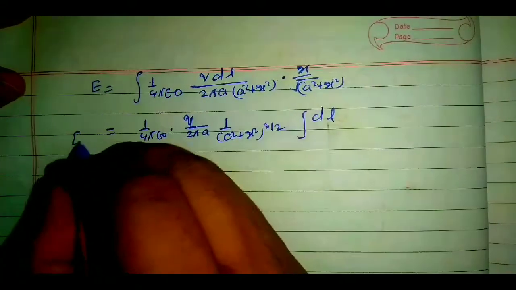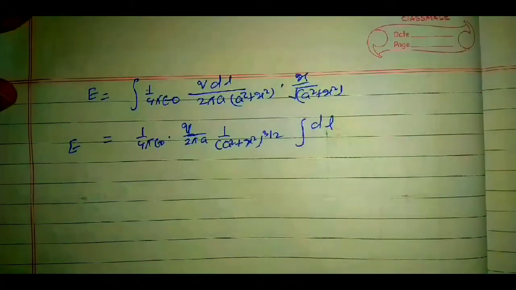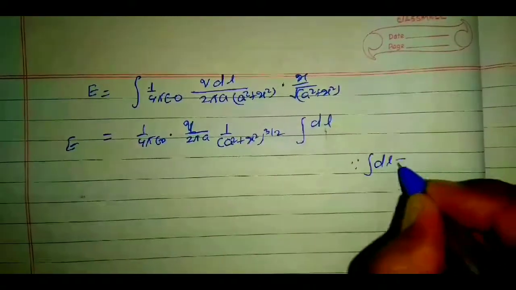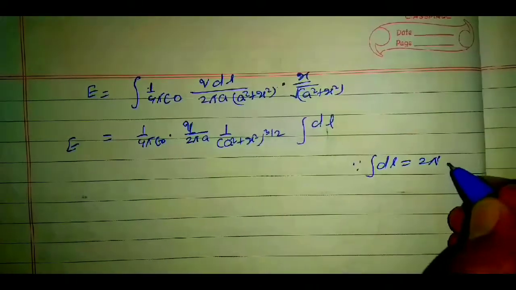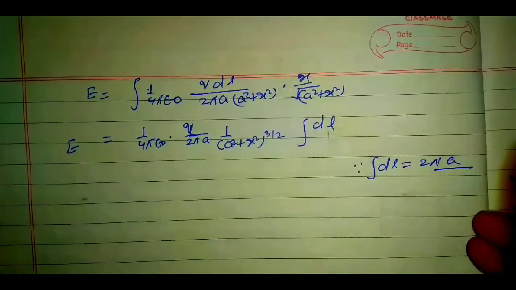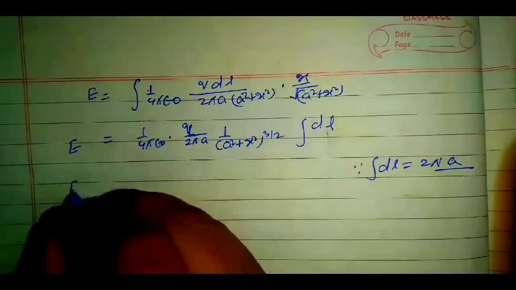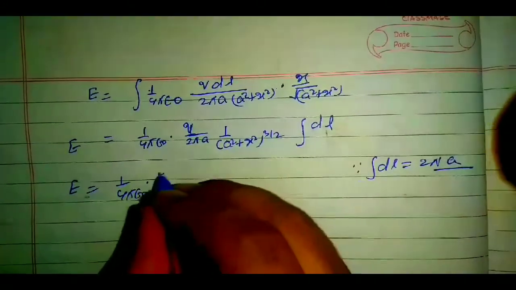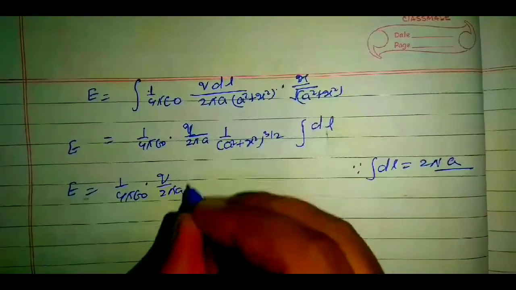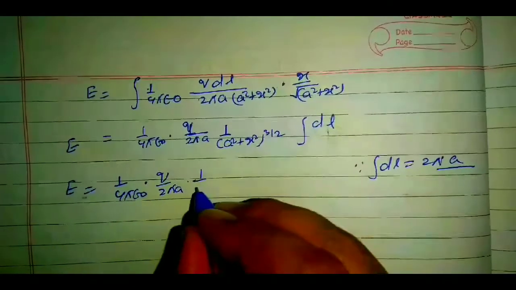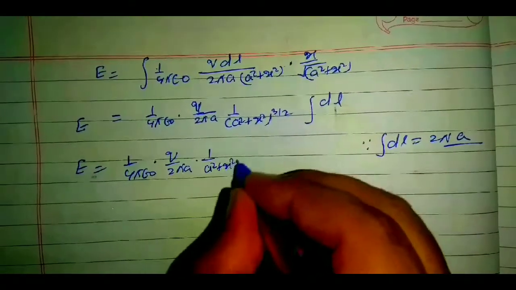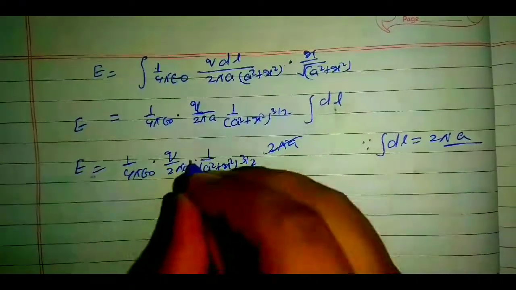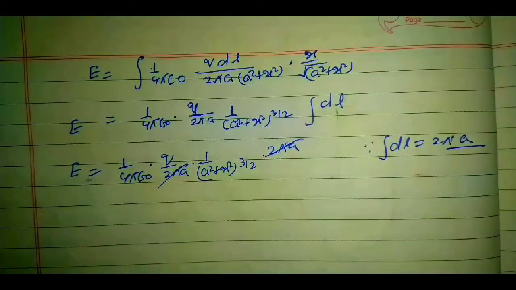See carefully to calculate this integral dl. Since total integral dl is equal to the summation of all circumferences, this is 2 pi a. So electric field intensity becomes 1 upon 4 pi epsilon 0, q upon 2 pi a, 1 upon a square plus x square to the power 3 by 2, times 2 pi a. 2 pi a cancels.